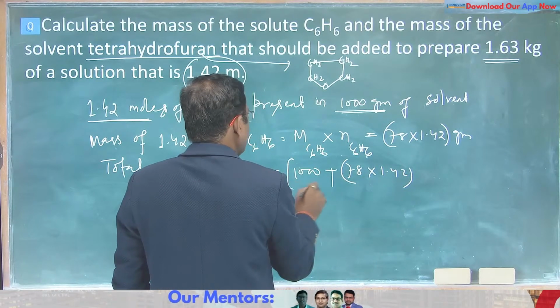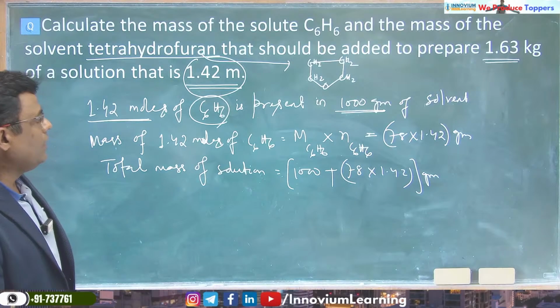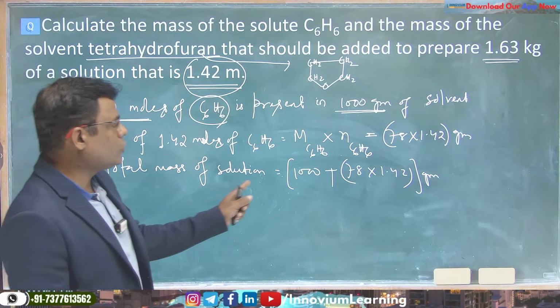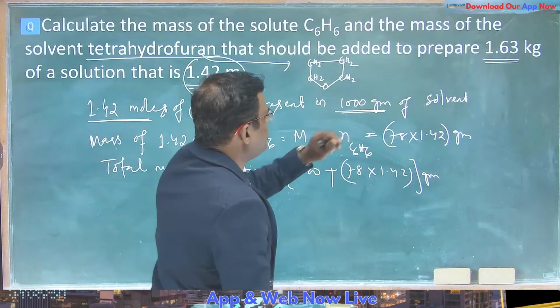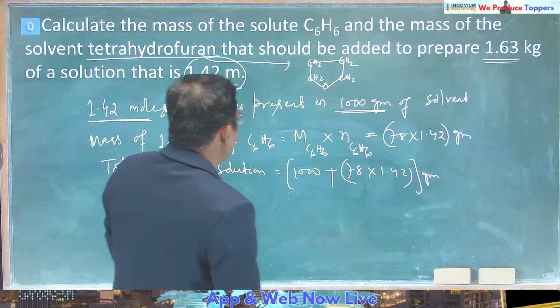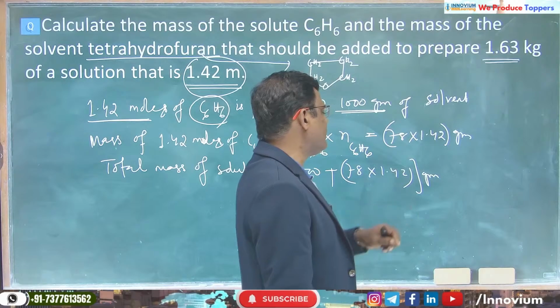In this much mass, the mass of solvent is 1000 gram, and the mass of solute is 78 into 1.42.